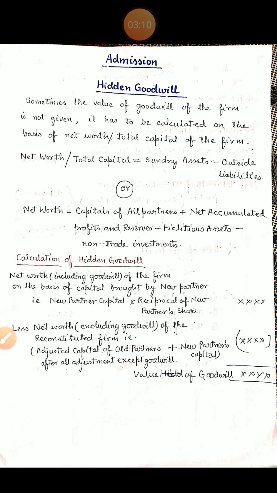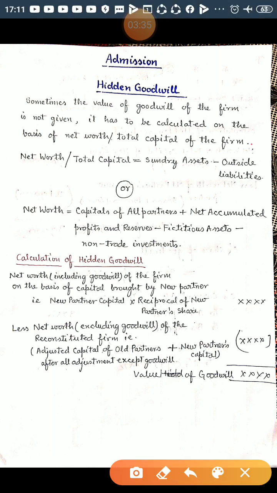Another way is: net worth is equal to capital of all partners plus net accumulated profits and reserves minus fictitious assets minus non-trade investments. So net worth is total capital, or you can say total capital employed. The first approach is an asset approach, in which you use the value of assets, and from the total assets you exclude the outside liabilities.